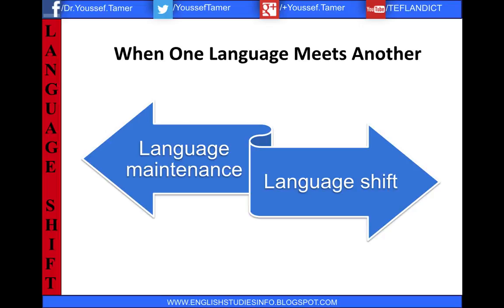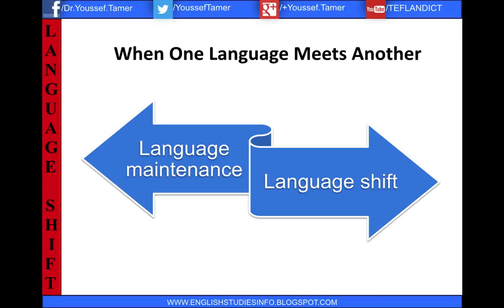Now here, when one language meets another, this issue of language shift, language maintenance, language revival, language death, usually happens in situations of language contact. When we have more than one language contacting each other, being used in the same speech community.